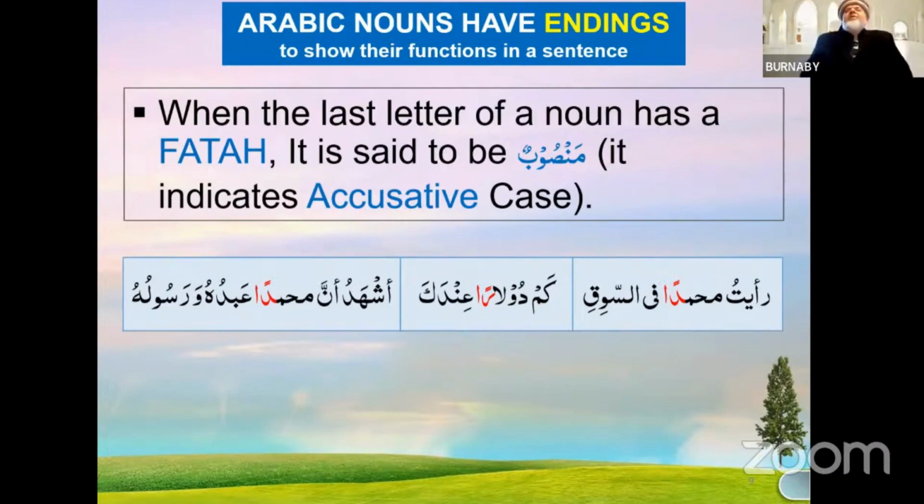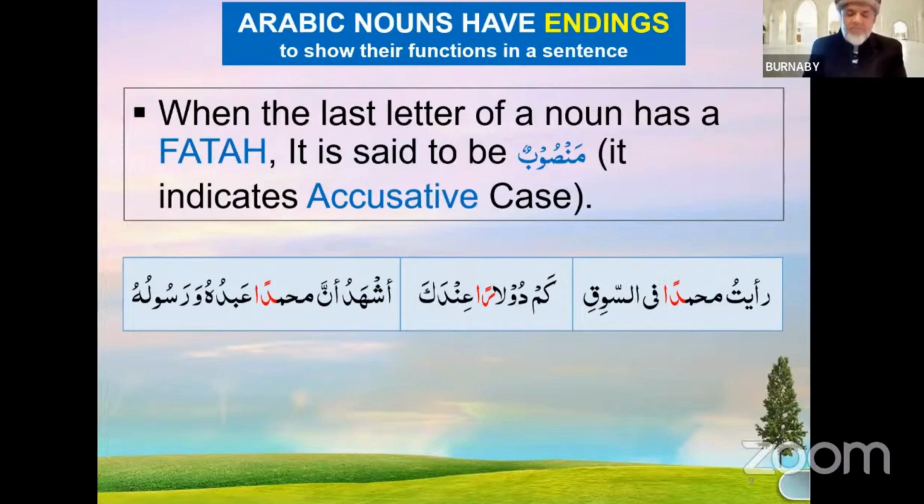Now, when you say the kalima, you say ashhadu anna Muhammadan abduhu wa rasuluhu. I testify that Muhammad, peace be upon him, is the slave and messenger of Allah. So look at who's the object here. Muhammadan.